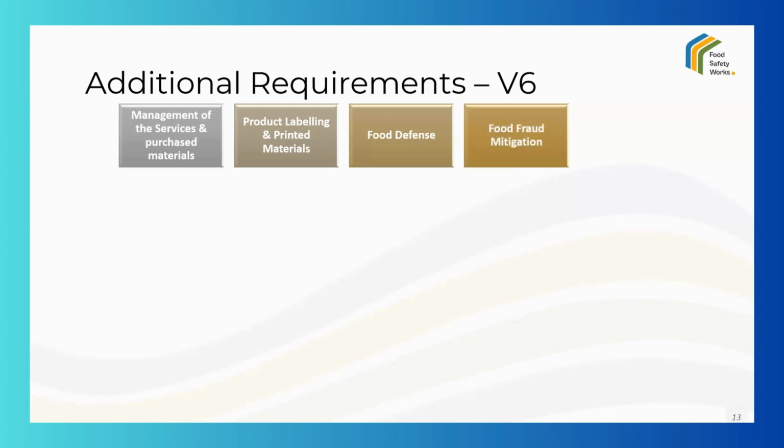The other one is your food fraud mitigation. This again existed in 5.1. Again, the same thing here, similar to food defense. The food fraud needs to be documented, and appropriate mitigation plans need to be in place that cover the processes and products within the scope of the organization.